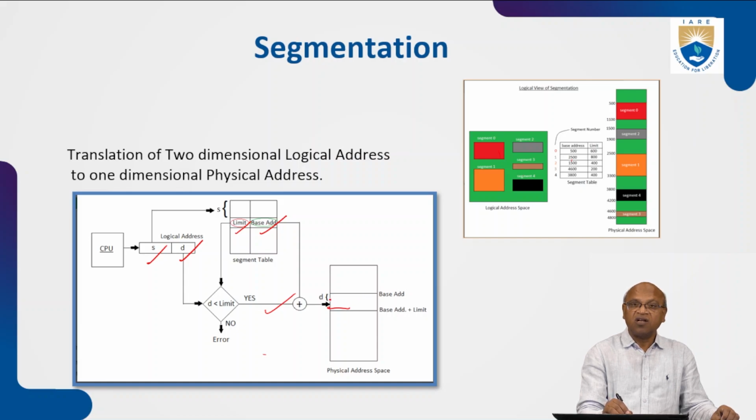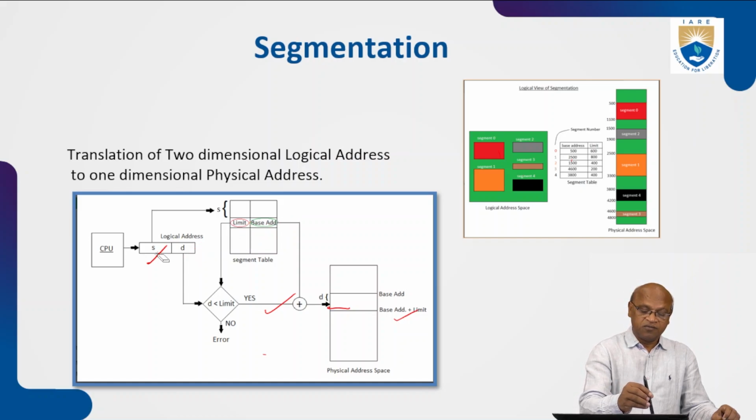If the offset d is less than the limit, then the offset will be added to the base address. From the base address, the offset address is where your program is saved, and the corresponding data is saved here. This is one segment. So base address plus offset gives you the physical address of your program. Like this, data will be mapped and saved in the hard disk.